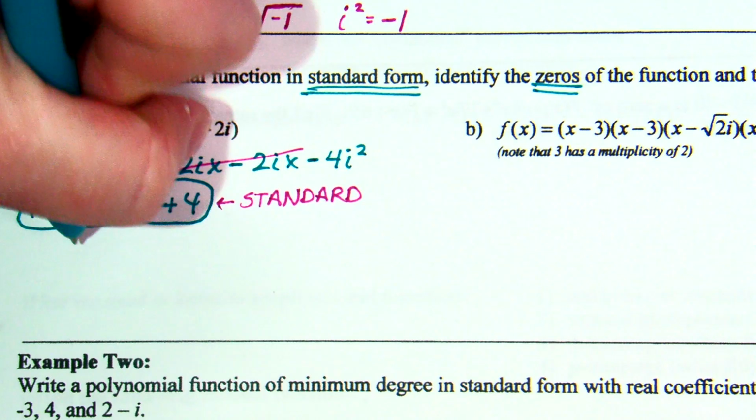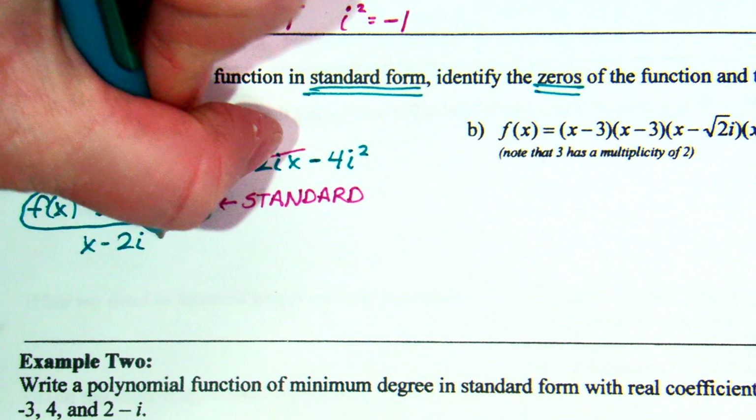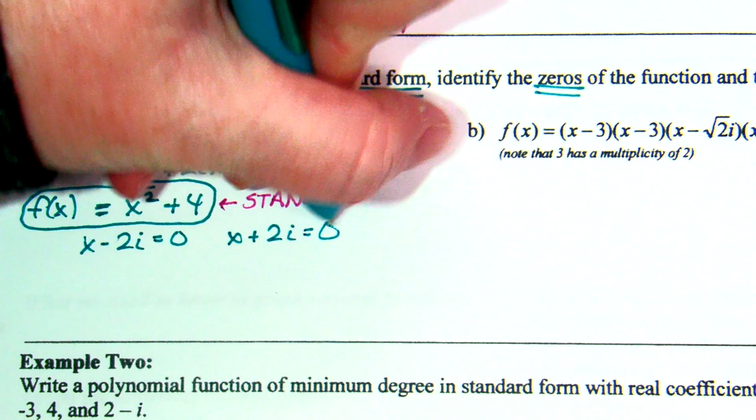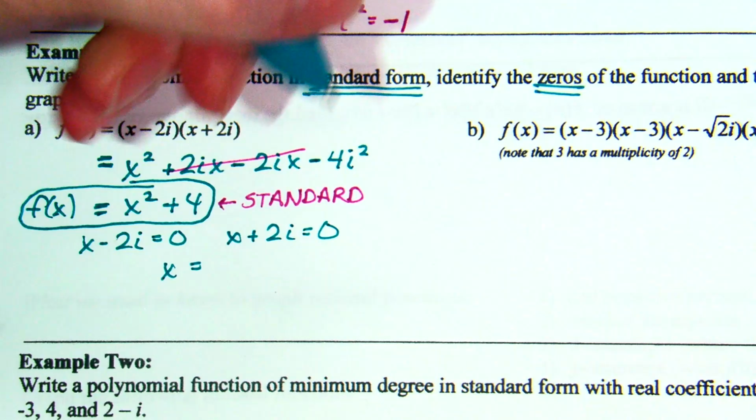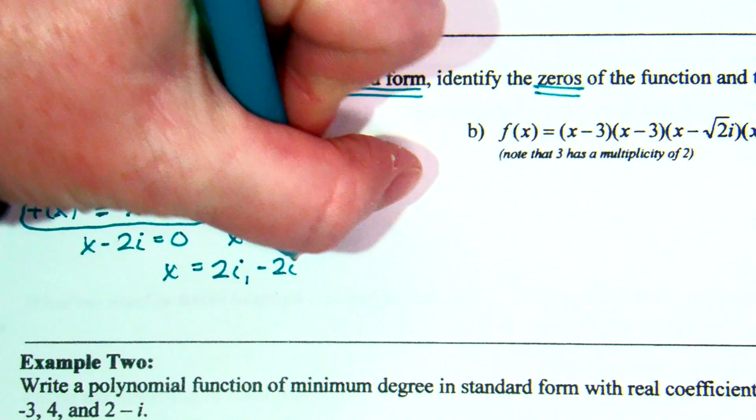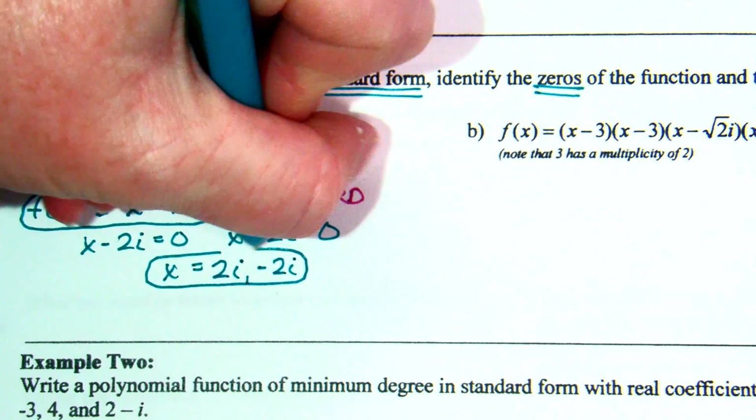So, let's see. What do we have? X minus 2i equals 0. X plus 2i equals 0. So what do we find out? X equals negative 2i, or 2i. Positive 2i and negative 2i.